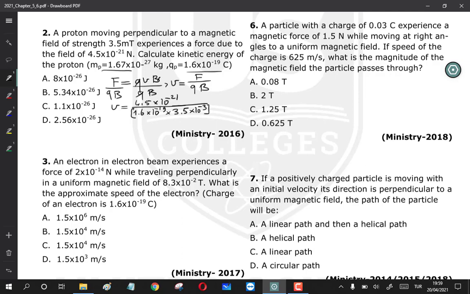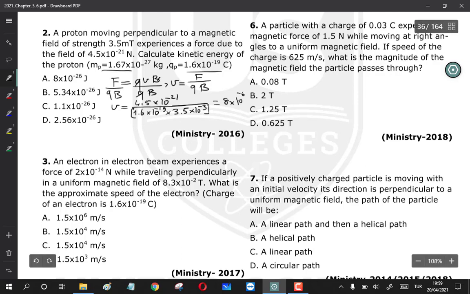So this is the speed of the particle. It is 8 times 10 to the power of negative 6. I think there's a mistake in here.